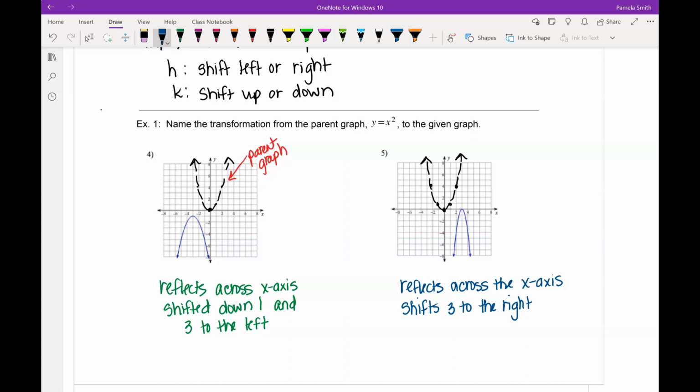And this one actually does one more thing. It gets narrower, so we're going to say that it has vertical stretch, which again in essence means it is narrower than the parent graph.